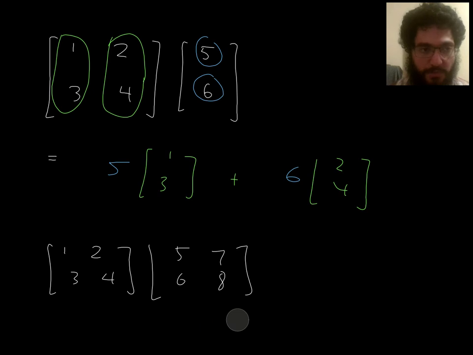So what does it mean when you multiply two matrices? Well, it basically means do this, but to each column of the right-hand matrix.